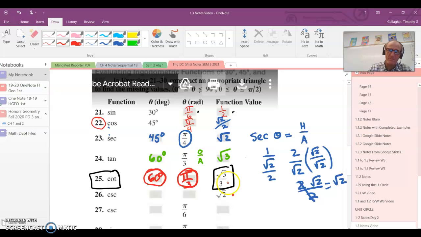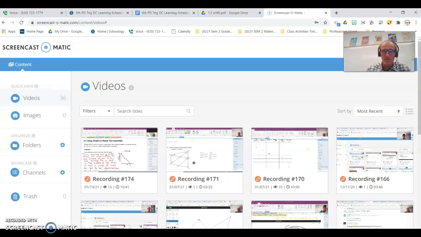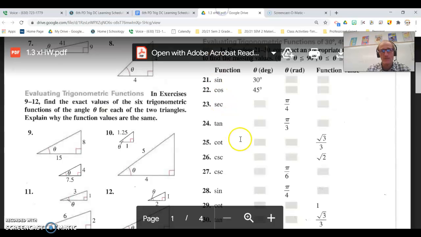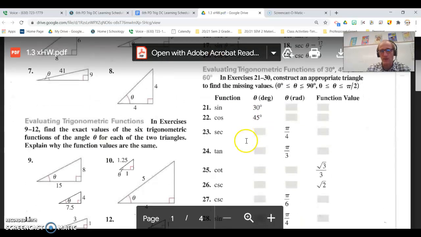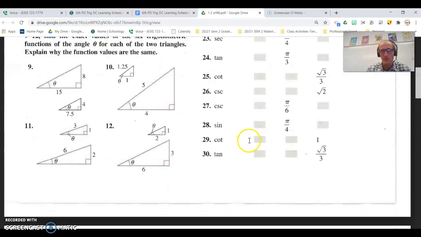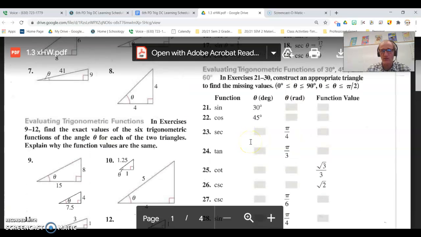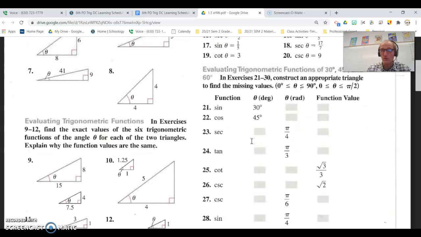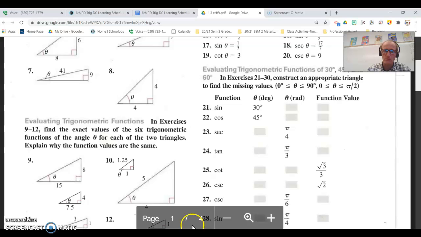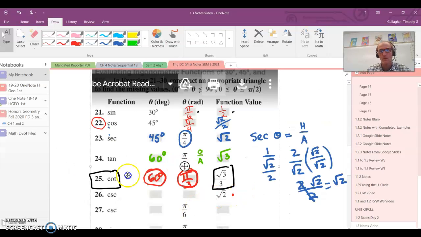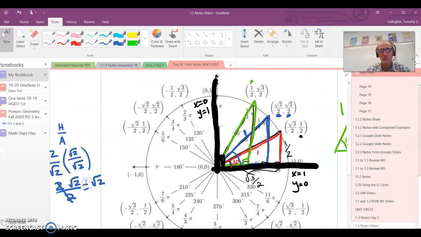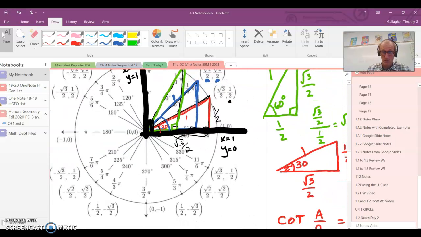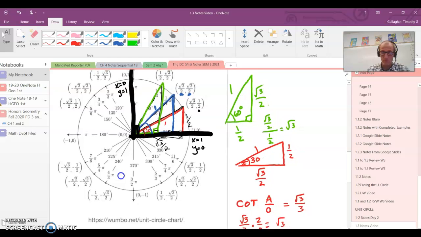Okay? Now on your assignment, you have this table that you have to do for the 30, 60, 90 and 45, 45, 90 triangles. And putting those triangles on the unit circle is a real helpful tool to do that. Okay, it's these 3 triangles on the unit circle that you should think about looking at.